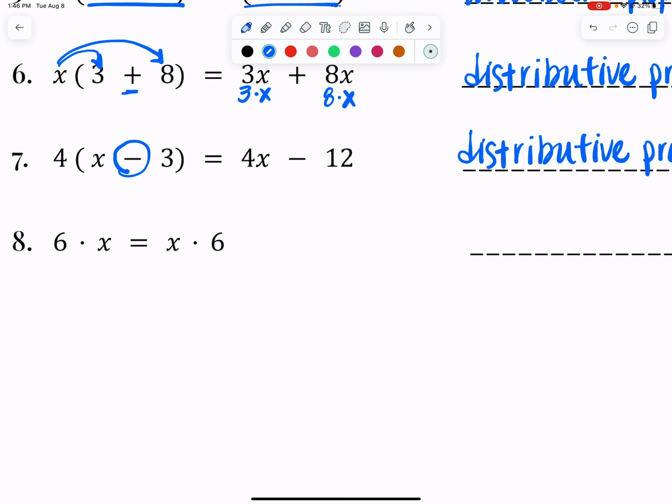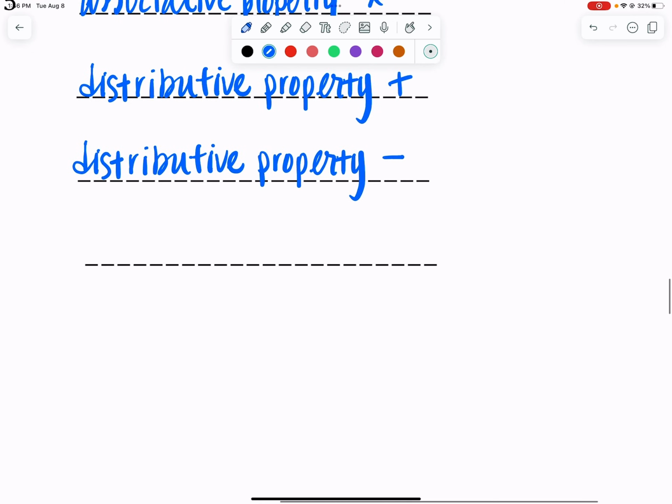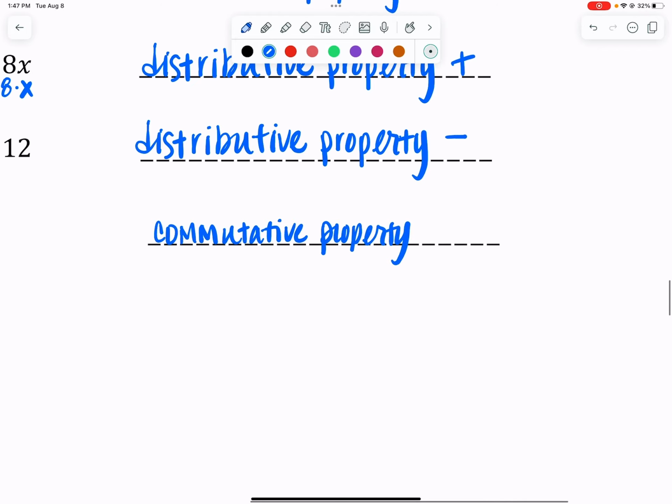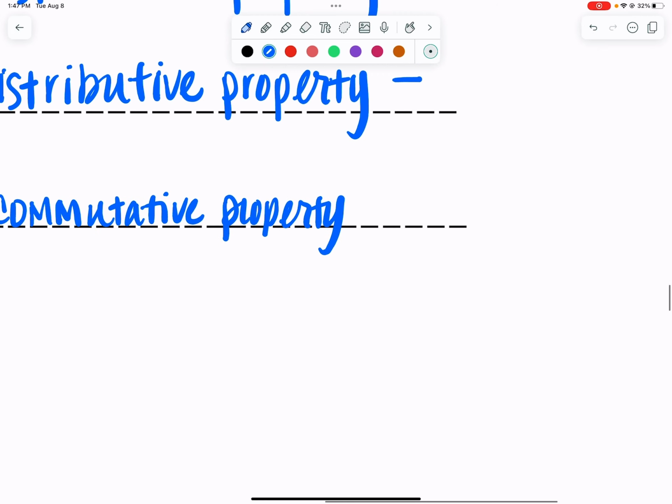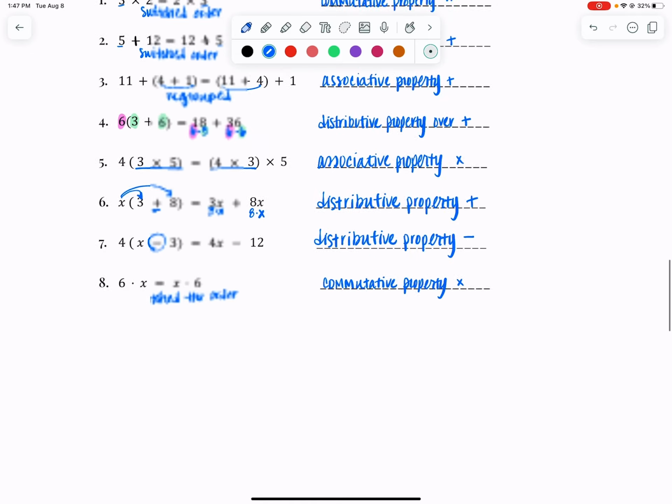It looks like we have just switched order. Switching the order is the commutative property. And we are multiplying. So this is the commutative property of multiplication.